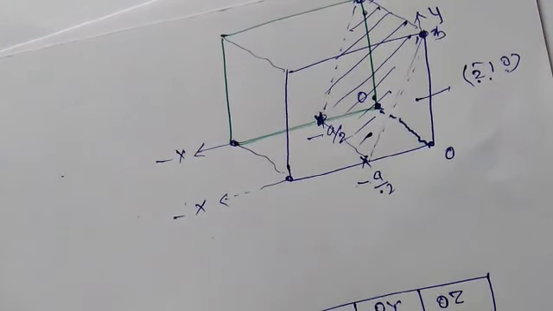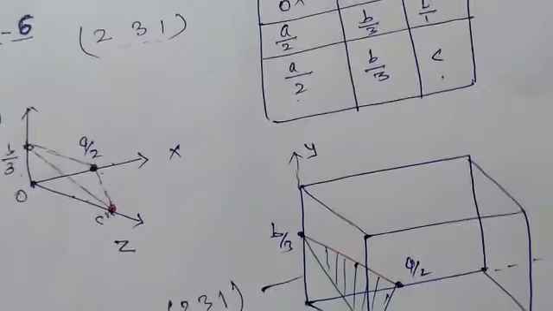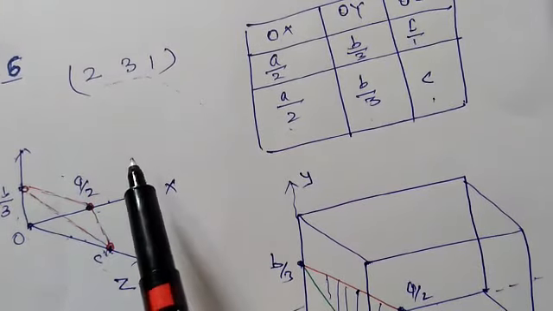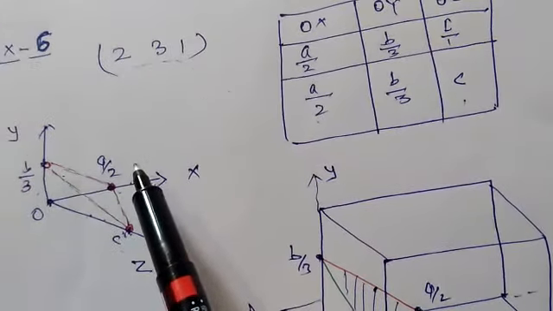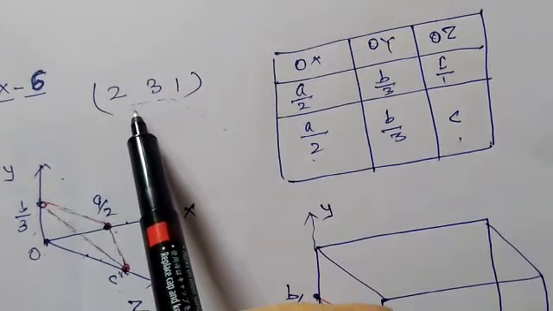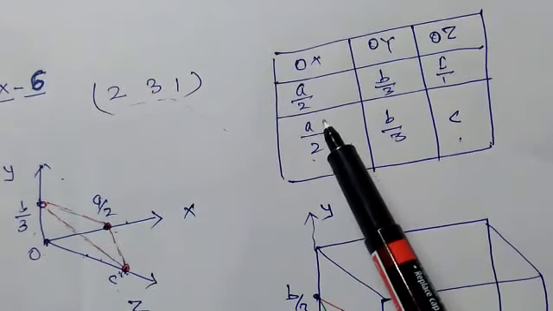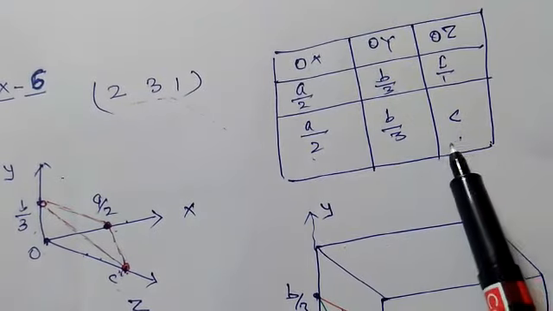Now we start example number 6. Example number 6 has Miller indices 2, 3, 1. So the intercepts will be a by 2, b by 3 and c by 1.